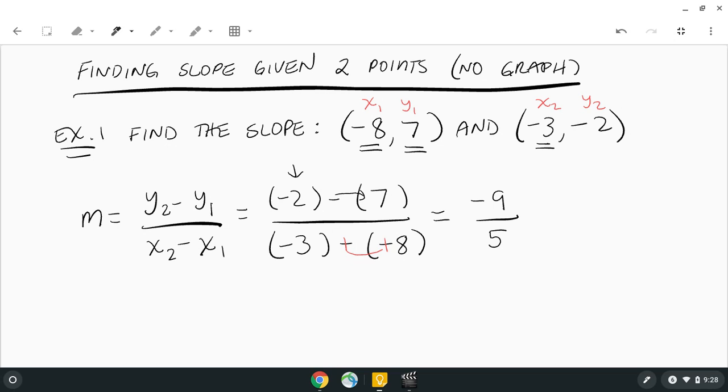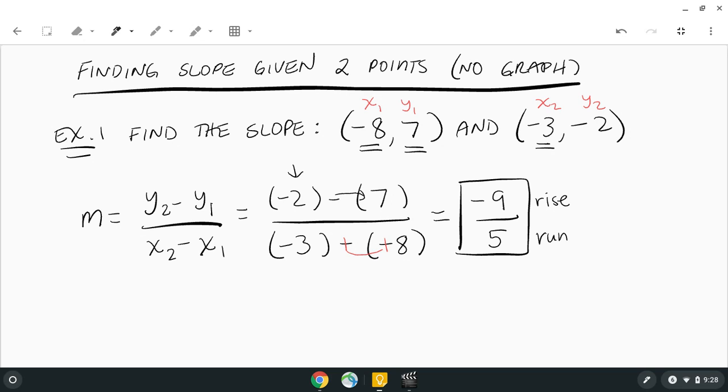And this is improper, but we're going to leave it as improper. We're not going to rewrite that as -1 and 4/5. We'll leave it just like that. Because remember, we want to know how much we're going up or down, and how much we're going to run.